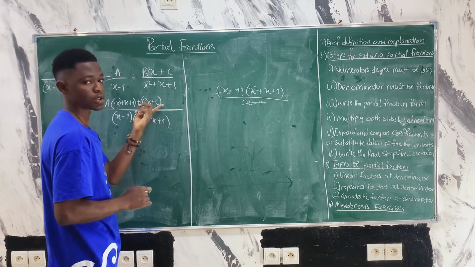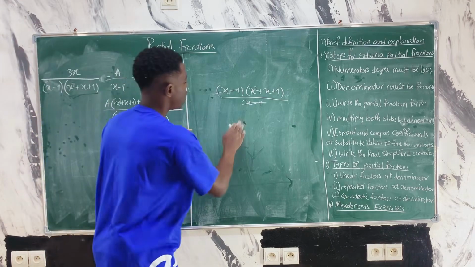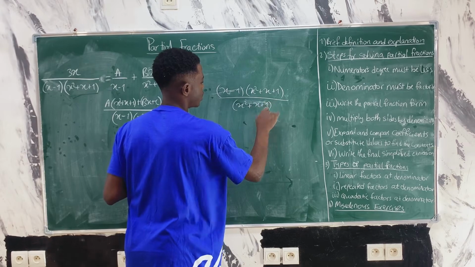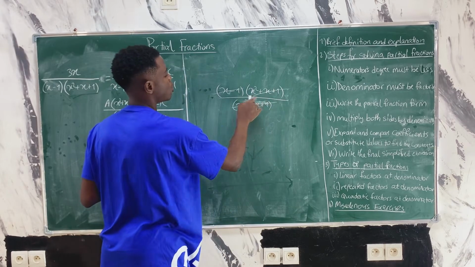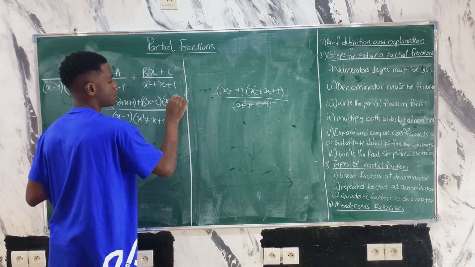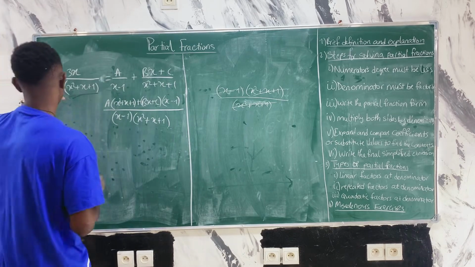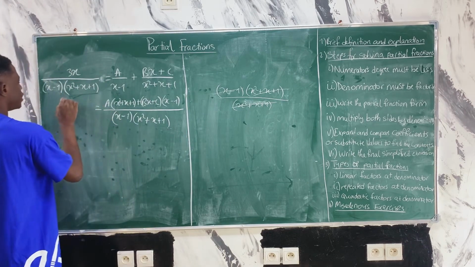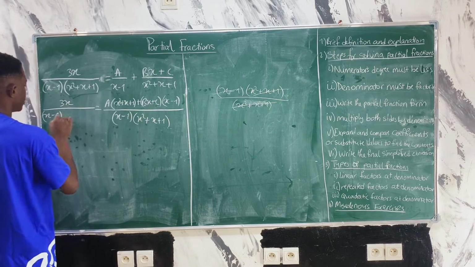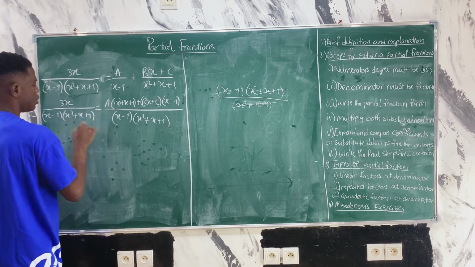So I put the Bx plus C in bracket into all of this divided by this. When I divide all of this by x squared plus x plus 1, I can see that this is going to cancel this. I'll be left with x minus 1, and that is all. So nothing changed here. So I recopy it. I'll have 3x all on x minus 1, x squared plus x plus 1.